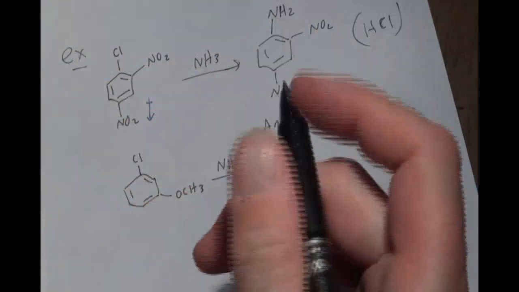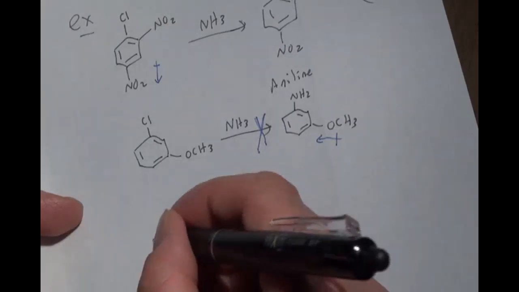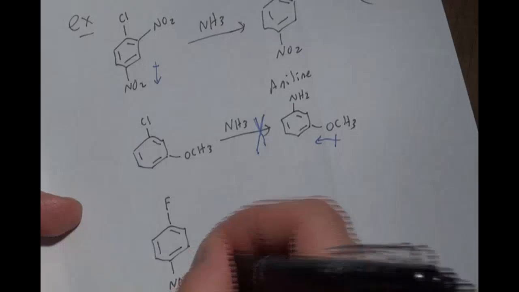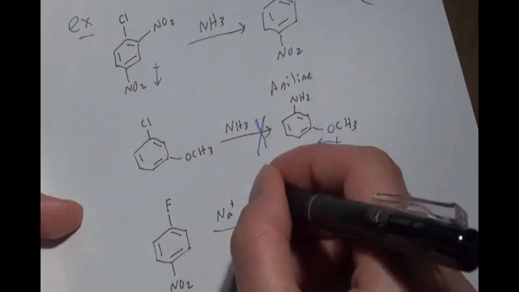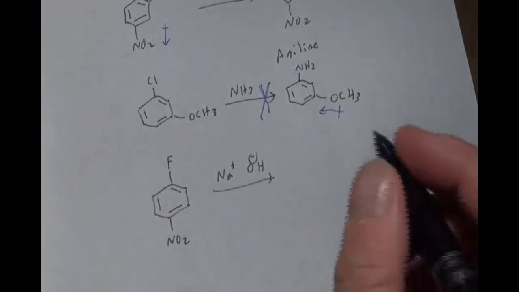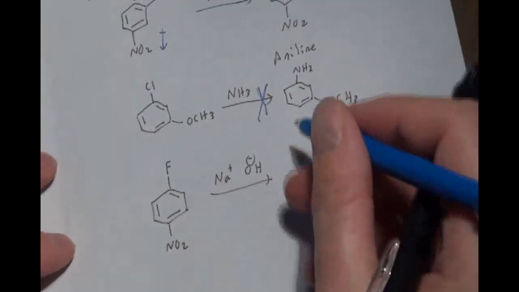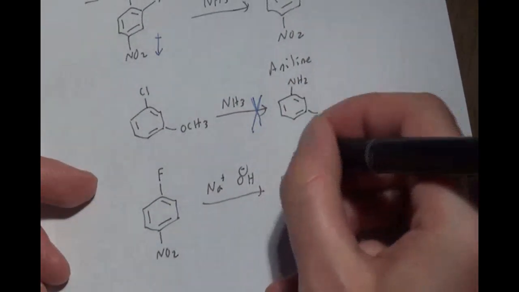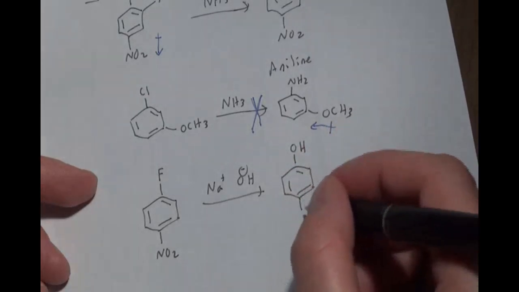Okay, how about sodium hydroxide on this para-fluoro-nitrobenzene? Yeah, this works, and this makes a phenol, para-nitrophenol.